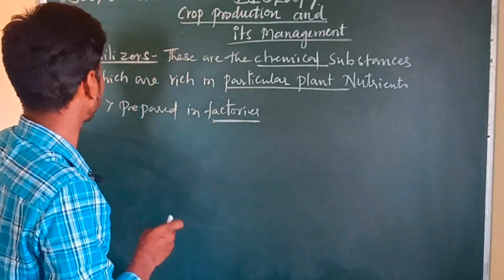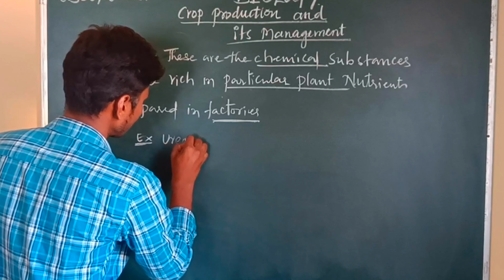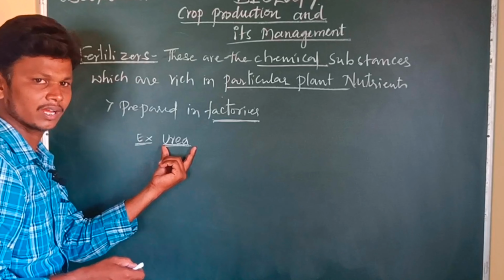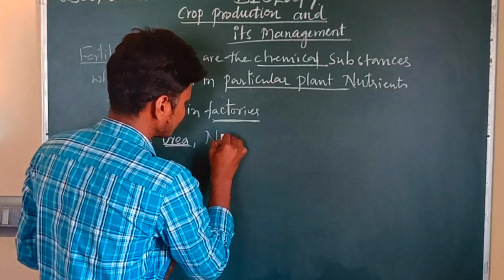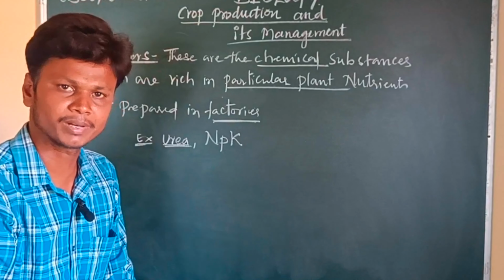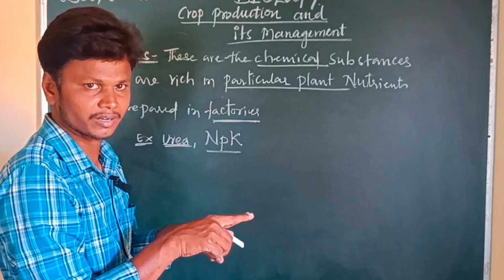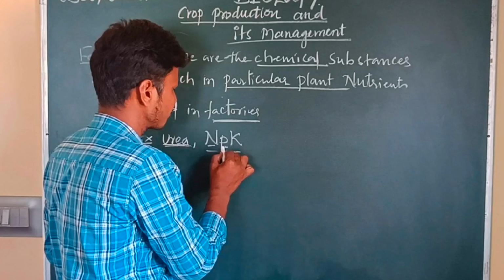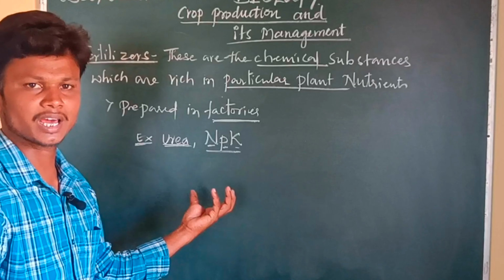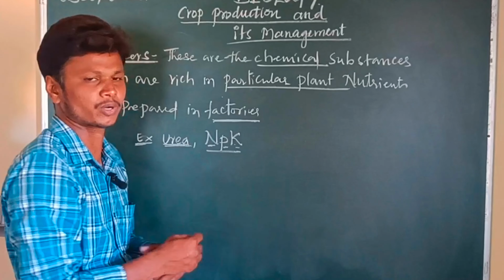For example, for fertilizers we have urea. Most of the farmers usually use urea, and NPK. You might have observed this on the fertilizer packet: the NPK and the proportion, the composition, to what extent they have mixed nitrogen, phosphorus, and potassium.